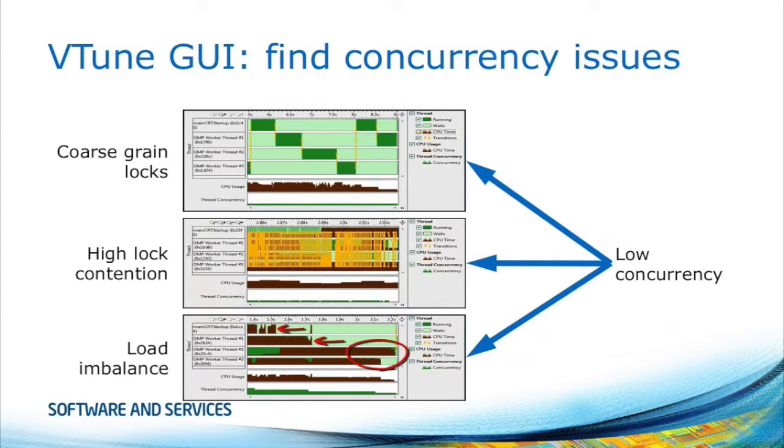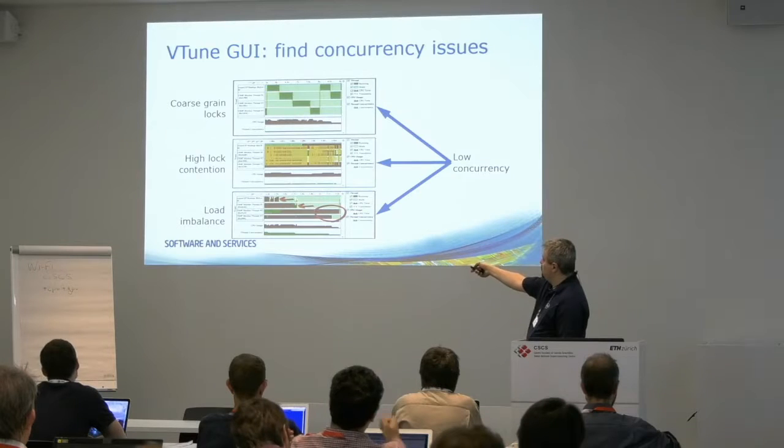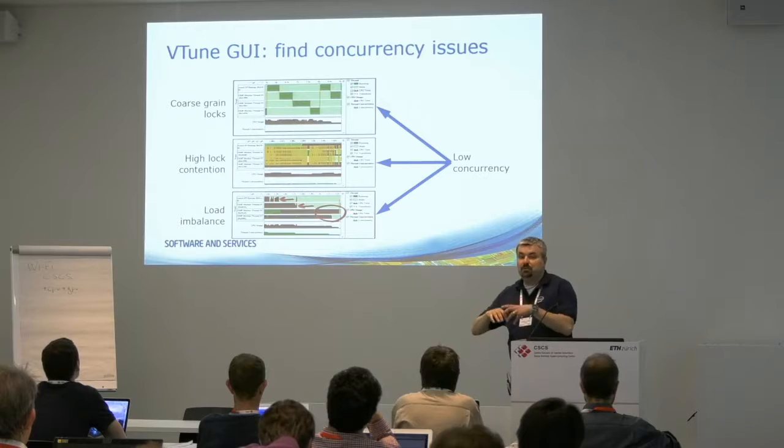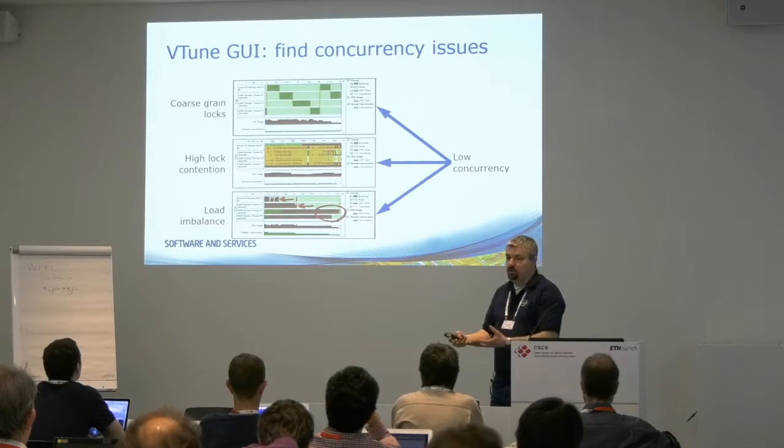Here you see that you have a lock that is highly competitive, where people are really contending on the lock usage. And then in the timeline, you can also see something like a load imbalance, where some of the threads finish early and then start waiting, while other threads are either computing more slowly or have more work to do. Right?